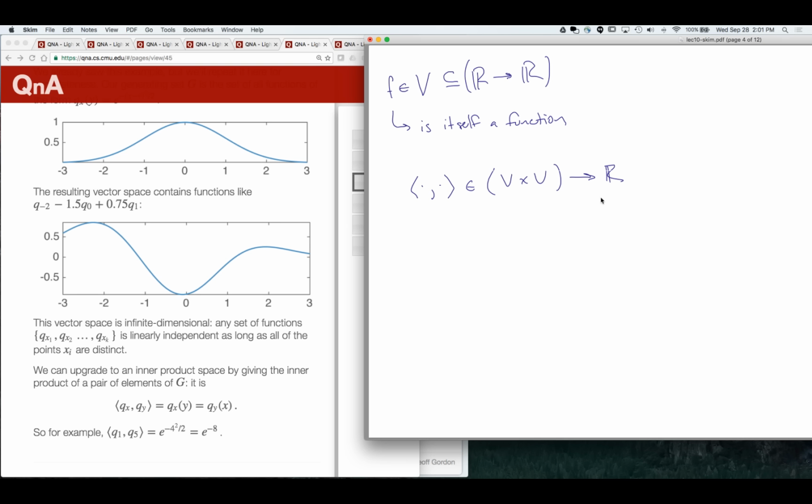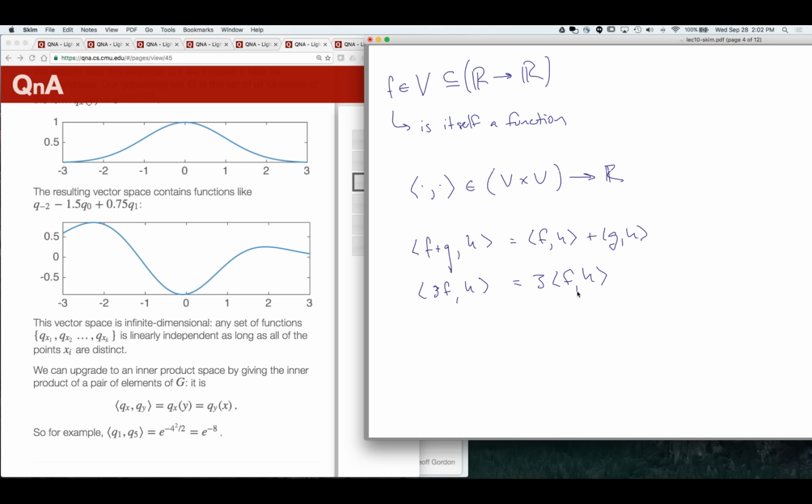And it has to satisfy some properties. So the key properties are, one, that it has to be bilinear, meaning that if you hold one argument fixed, it's linear in the other argument. So for example, f plus g inner product with h is equal to f inner product with h plus g inner product with h. And same thing, 3f inner product with h is equal to 3 times f inner product with h.